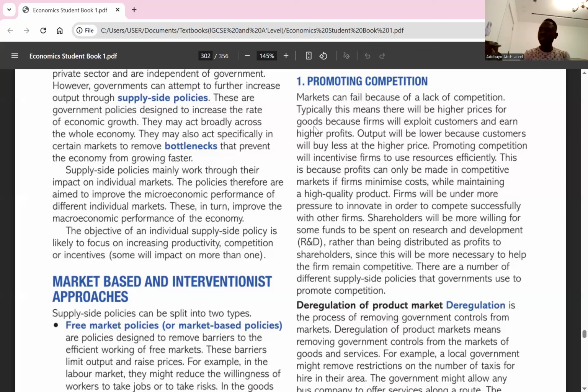So the first way to encourage competition is by removing rules and regulations that affect firms. If there's deregulation, it encourages more firms to want to set up in that market. And if more firms are setting up in that market, output is expected to rise.